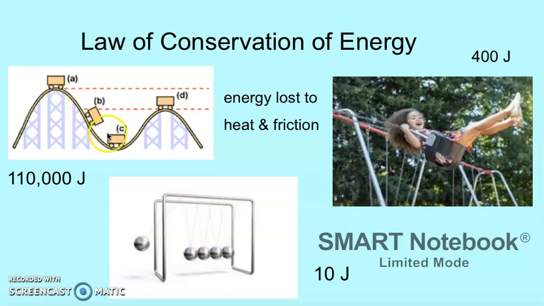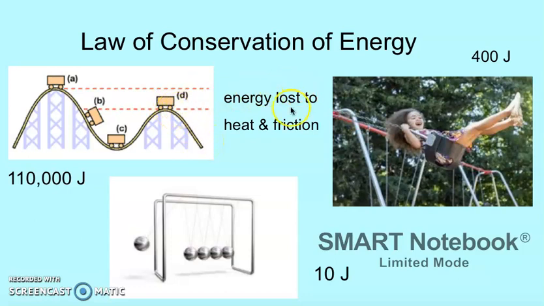So it has a lot of kinetic energy at C, but a lot of potential energy at A. But the total amount of energy stays the same, 110,000 joules, no matter where it is. Even though speed is slow here and fast here, you don't go over that 110,000 joules. You have the same amount that is stored up in potential and in actual energy.